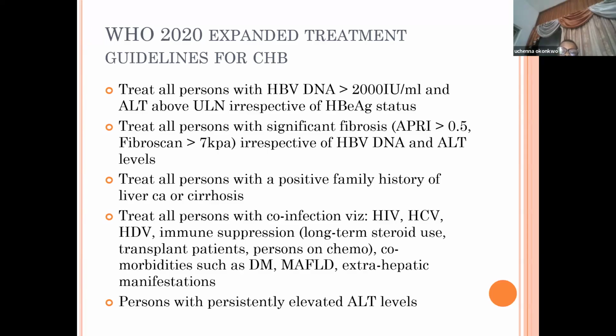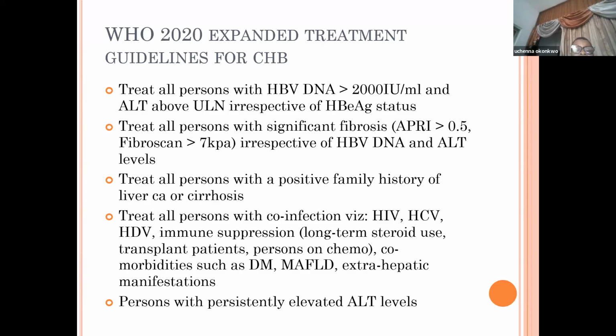Persons with significant fibrosis, using an APRI score of greater than 0.5 or FibroScan parameters of 7 kilopascals and above, again irrespective of HBV DNA and ALT levels, should be started on treatment. Although for us down here, a recent study suggested that even for Africans, an APRI score of 0.45 should be considered for significant fibrosis. Again, the margin is close to 0.5, so maybe it doesn't make much difference.